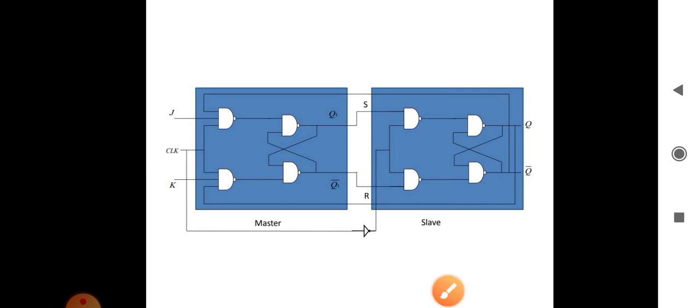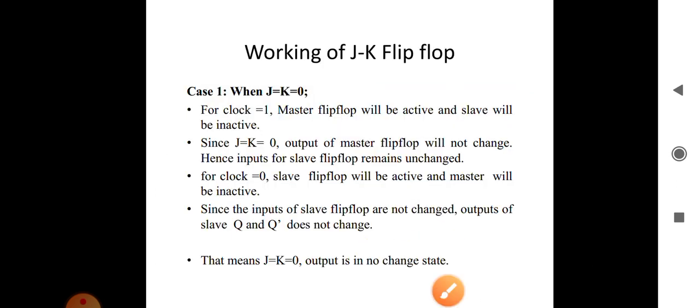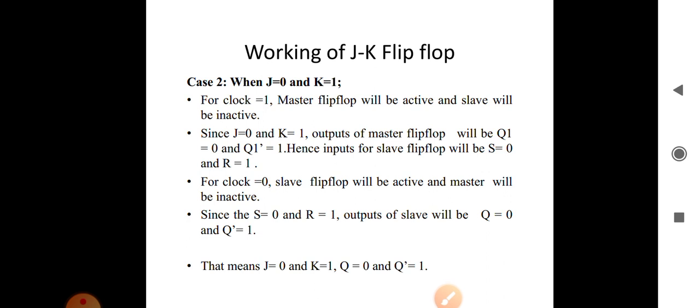So for clock is equal to 0, slave flip-flop will be active and master will be inactive. Since S is equal to 0, R is equal to 1, output of the slave flip-flop will be Q is equal to 0 and Q complement will be equal to 1. That means for J is equal to 0 and K is equal to 0, Q is equal to 0 and Q complement is equal to 1.